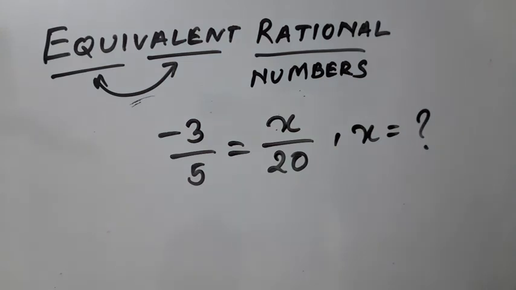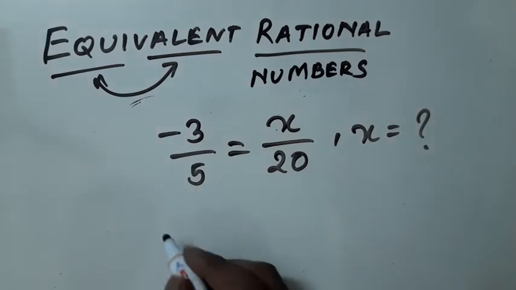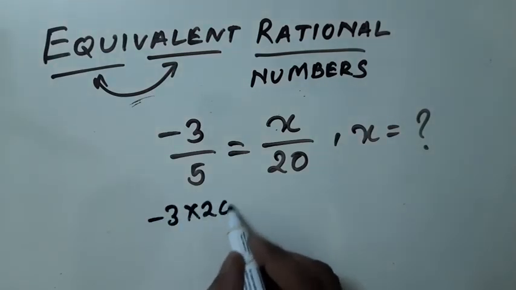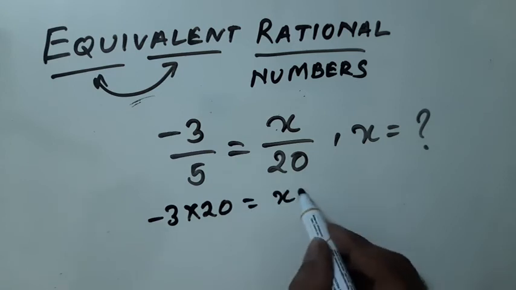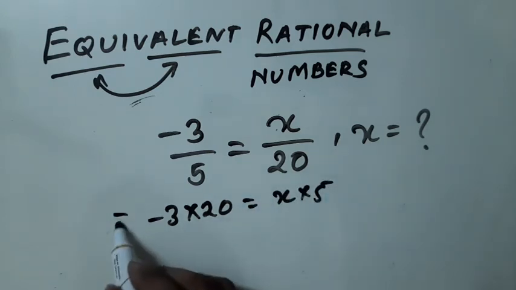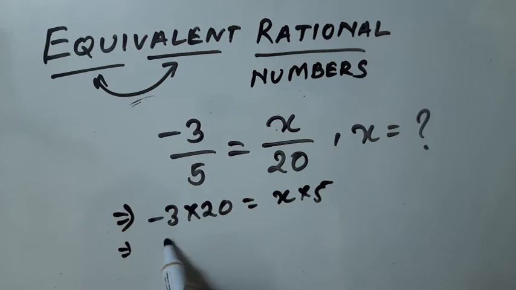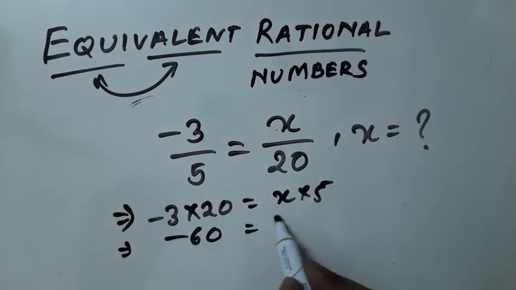We can follow the cross multiplication method here. As we have seen, if these two are equal, then the cross multiplication must also be equal. So let's start. Multiply minus 3 into 20, it should be equal to x into 5, as they are equivalent. That means minus 60 must be equal to 5x.